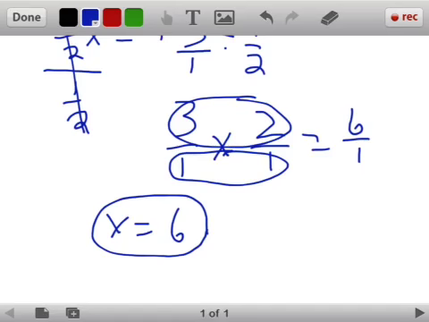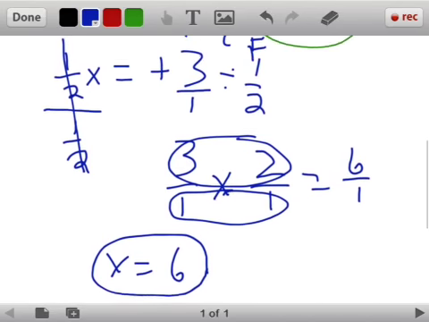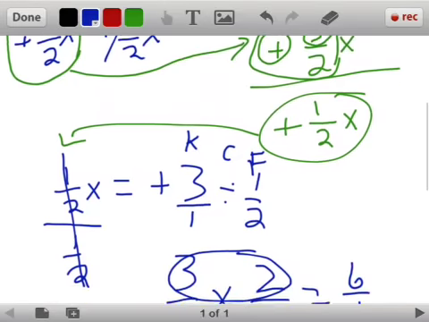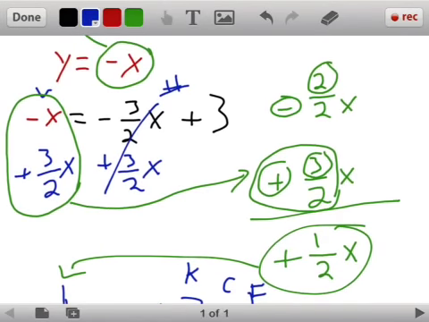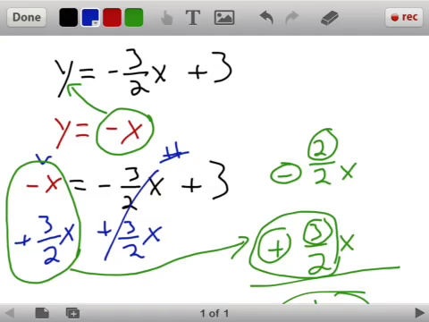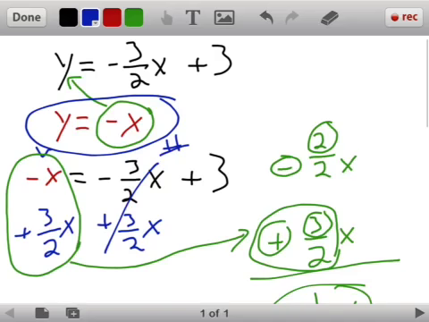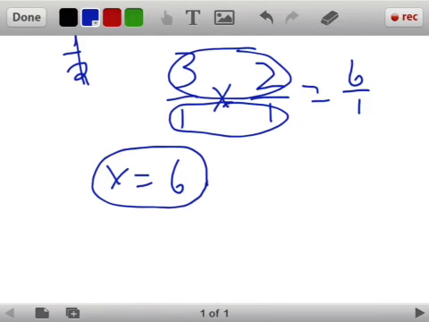So now I need to find out what y equals. And the way I do that is I'm just going to use substitution again. You can use any equation that you want. I'm scrolling up and I'm going to use this second equation because it looks easier. It's just y equals negative x. And I'm going to sub it in and it's going to look like this.